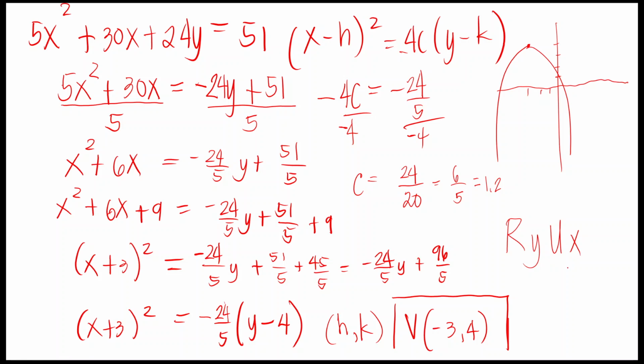Which means, okay, RYUX, RYUX. Since yung parabola natin has a squared variable x, it means that it either opens upward or downward, and that depends on the sign of 4C, positive or negative. Since negative 24 all over 5, downward siya. Wait, what is the scale to x again?